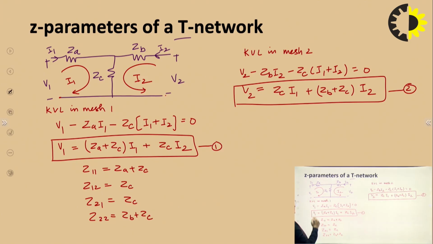For a T network, these are the Z parameters.